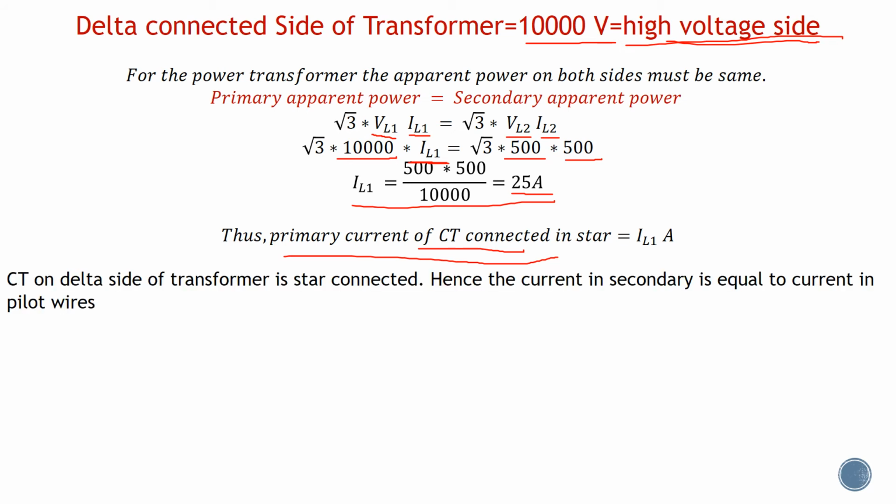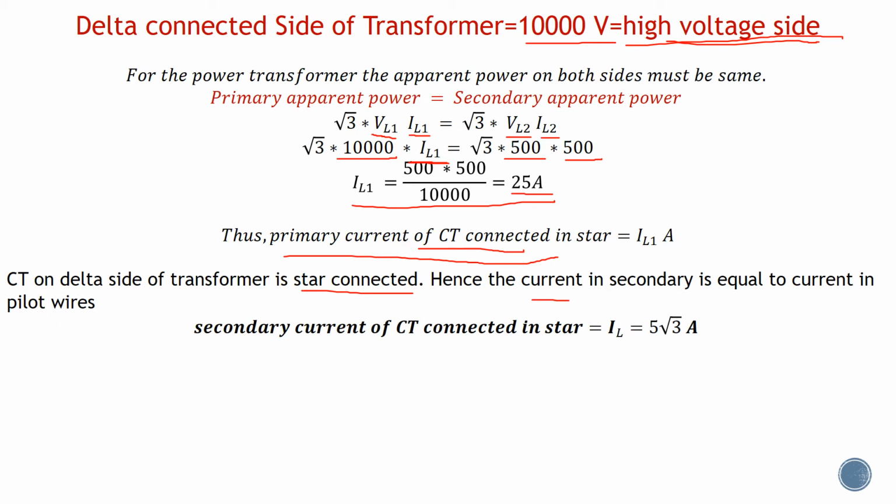Also, as said, the CT on the delta side of your transformer is star connected, as already discussed. Therefore, the current here will be equal to the current flowing in your pilot wires. We have already calculated the current in your pilot wires. Therefore, the secondary current of the CT connected in star will actually be equal to the current in your pilot wires, and that is 5√3 ampere.